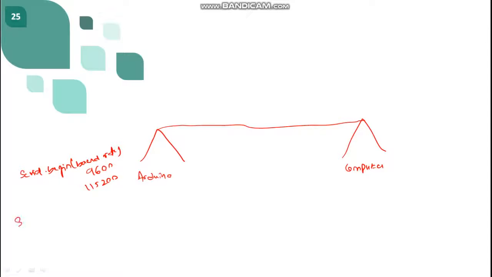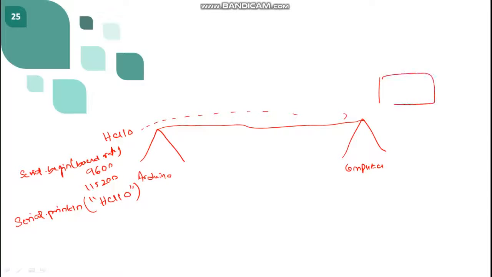Whenever we say Serial.println, some information that we want to print on the computer, let us say hello, then this information hello will be passed from Arduino to the computer, and then it will be printed on the computer.